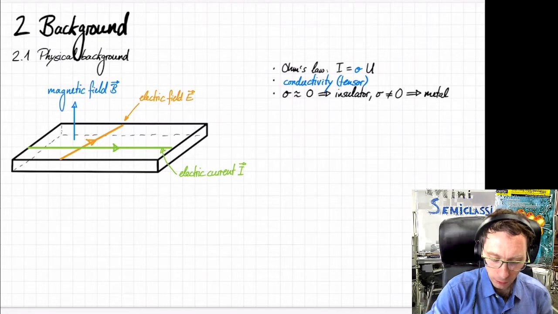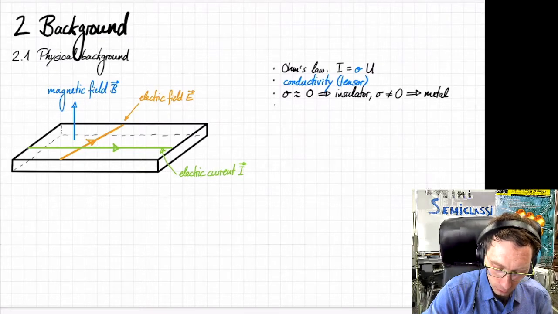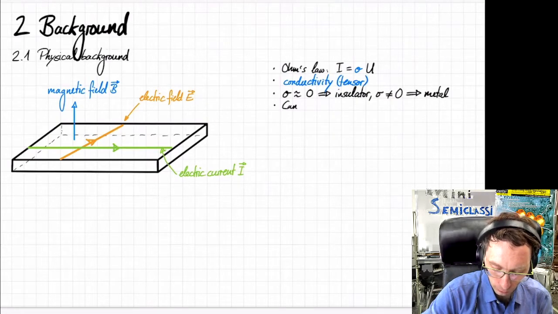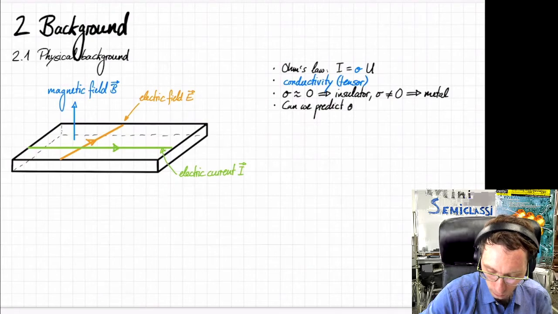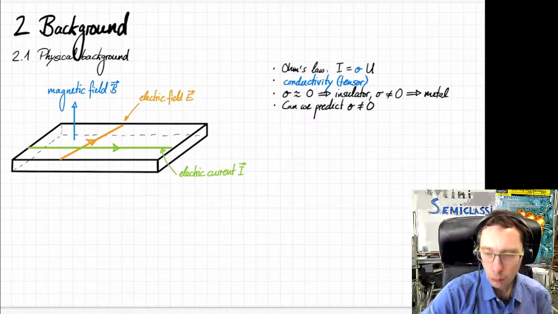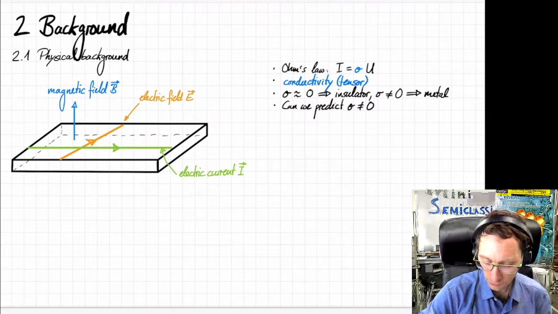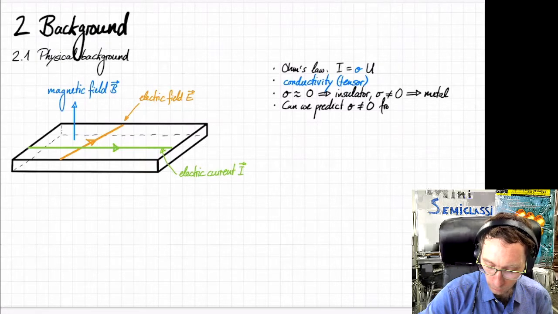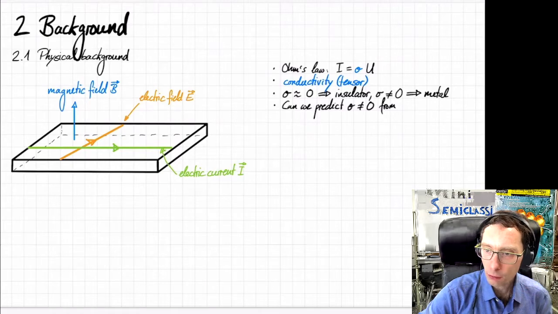And the big question now is whether or not we can predict whether a material is conducting or not from a microscopic model.